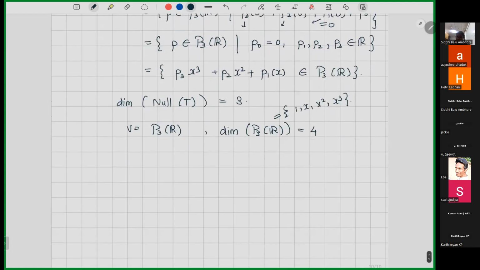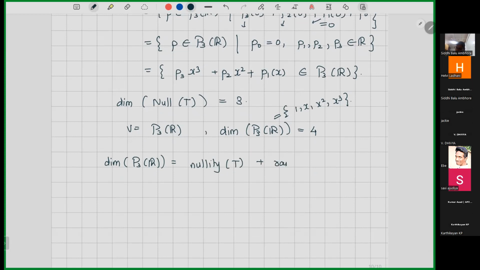From the dimension theorem, the dimension of P3(R) is equal to nullity of T plus rank of T. The nullity we got is 3, so 4 is equal to 3 plus rank of T. So what we get from here is that rank of T is 1.